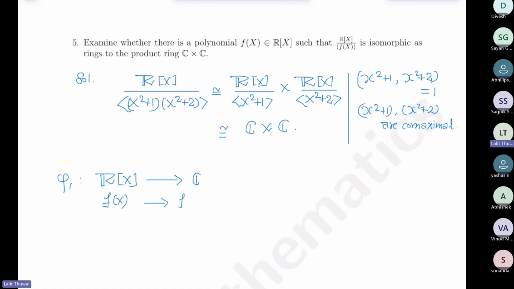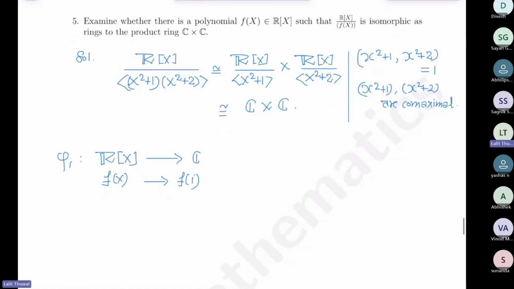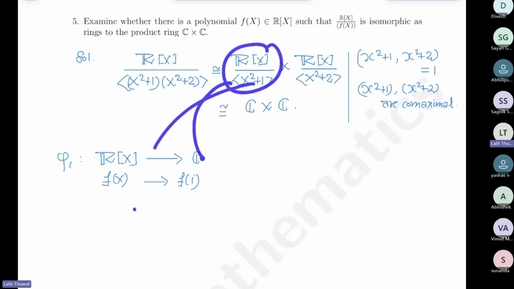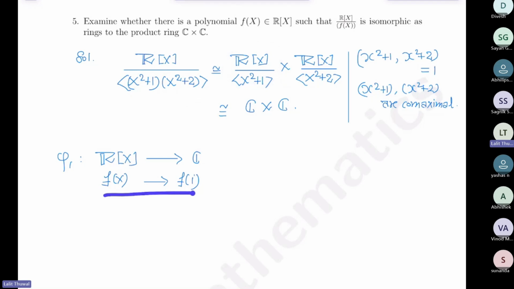This is called the evaluation map, and its kernel is the ideal generated by x square plus 1. Okay, the fundamental theorem of ring homomorphism will imply that, because this is an onto homomorphism, this ring is isomorphic to C. Okay, you must have seen this. If you have done the course in ring theory, you must have seen this, because this is a very basic example. And this is called evaluation homomorphism.